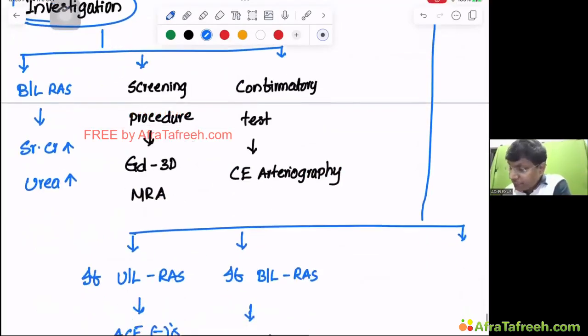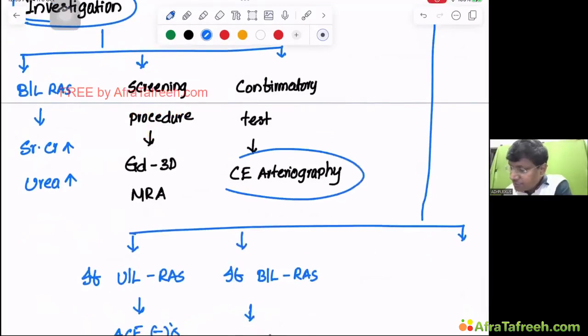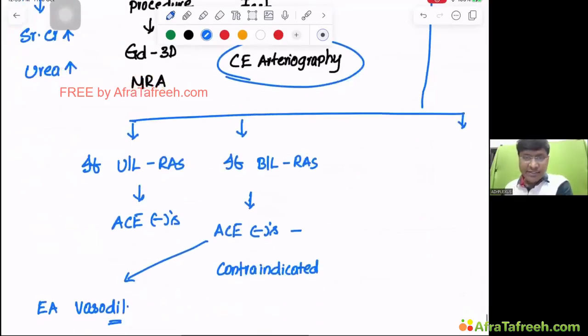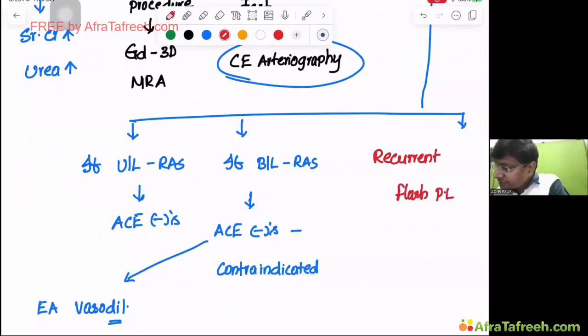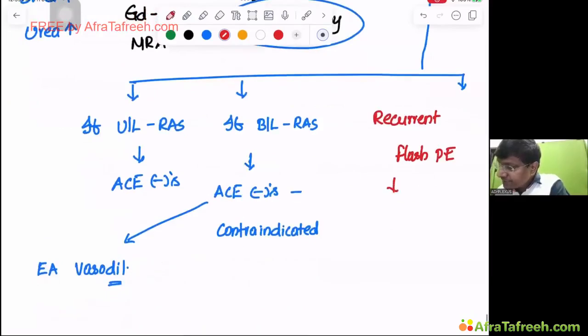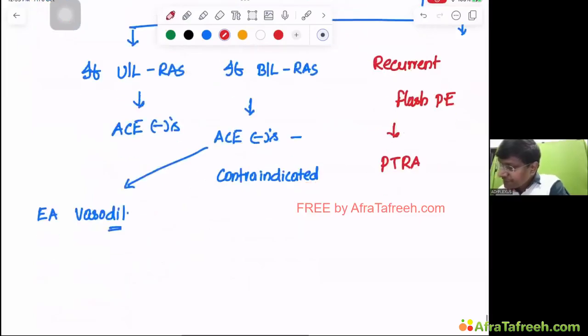Now, yes, Jacob, you're asking, sir, do we need to start treatment after doing these two investigations? Contrast enhanced arteriography is required when you are planning, because of this renal artery stenosis, what is the complication? There is recurrent flash pulmonary edema. So when there is recurrent flash pulmonary edema, the treatment in these patients is you need to do PTRA. Right? What is this PTRA?